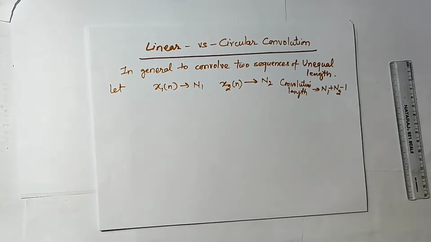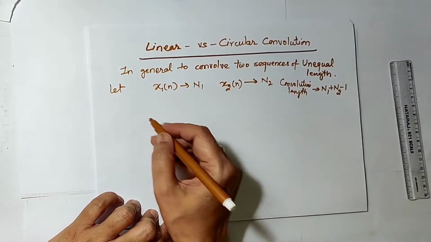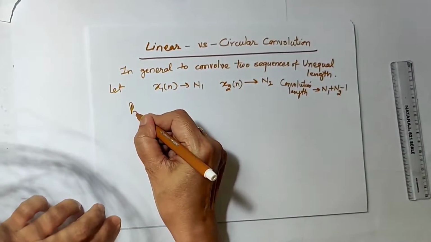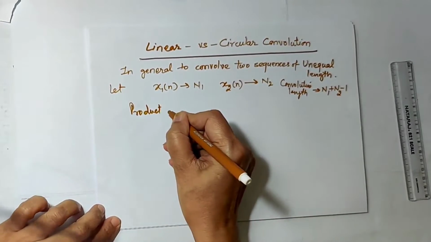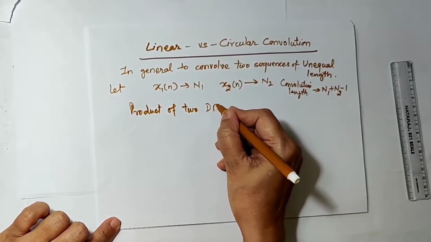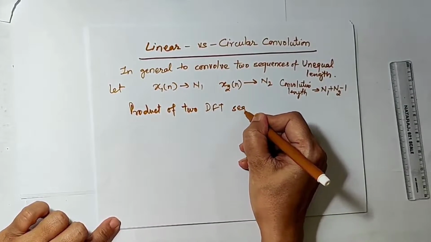This is required. Okay, so we consider the case by the definition of circular convolution: the product of two DFT sequences.